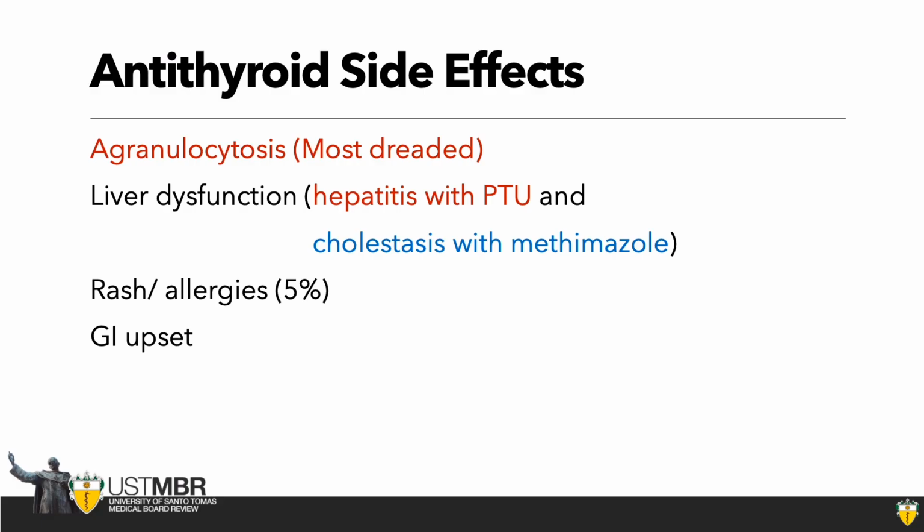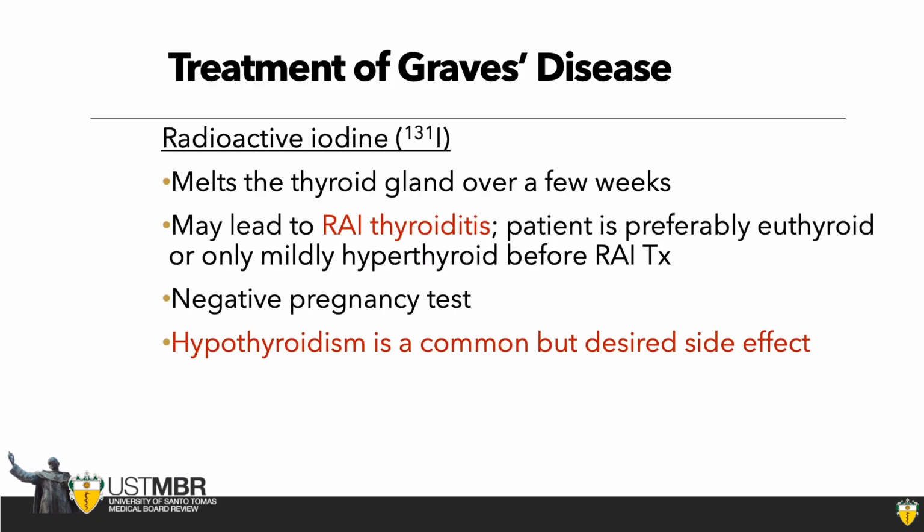Do not give these patients methimazole. It doesn't make sense. Okay, the patient's already hypothyroid. There's nothing to shut down. If there's a leakage, there's no new hormone being produced, so therefore there's no role for thionamides. So don't expose your patients to unnecessary thionamides because they have rare but potentially fatal side effects.